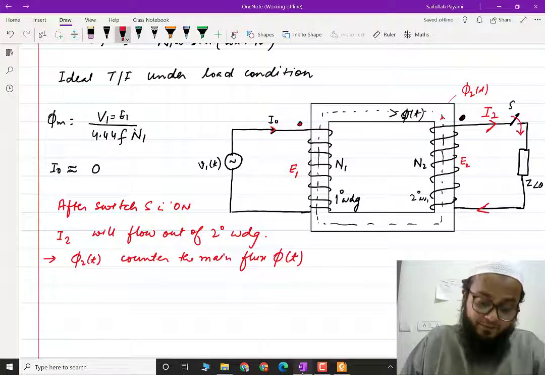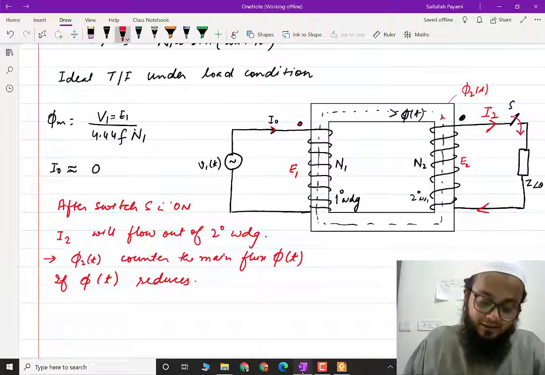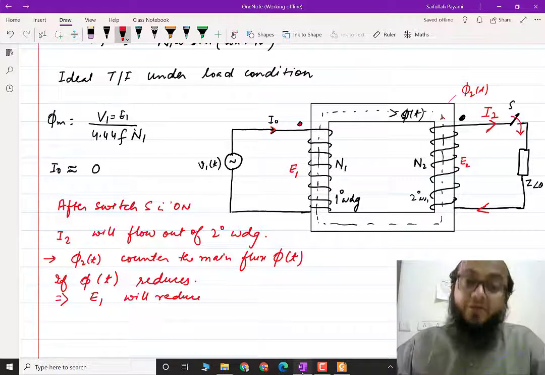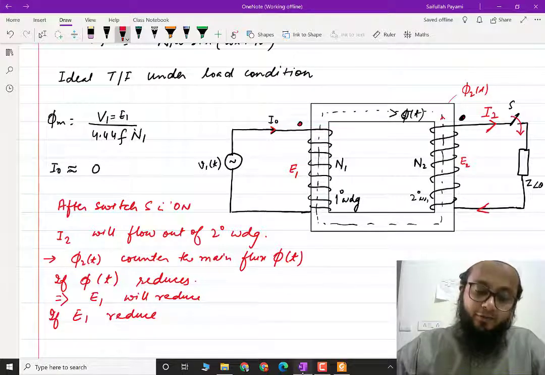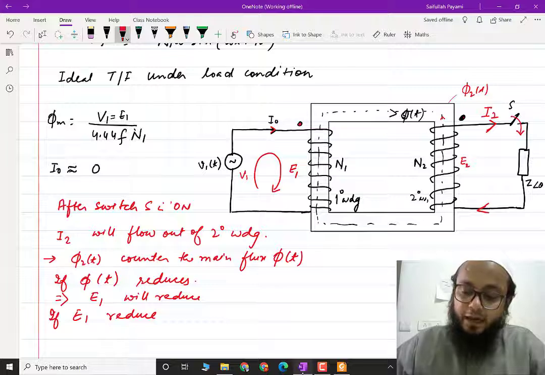But if phi T reduces, this implies E1 will reduce. If you see the KVL here, V1 was equal to E1.